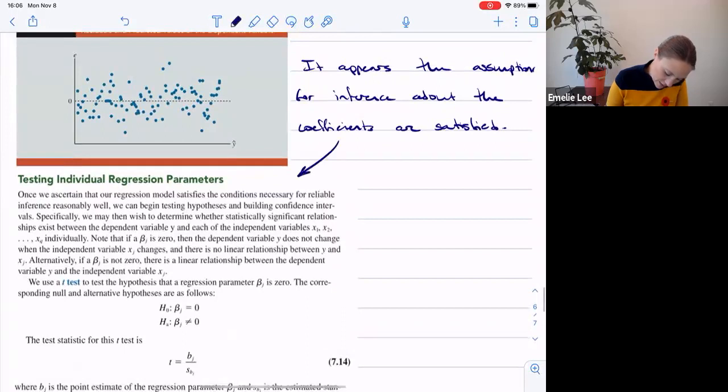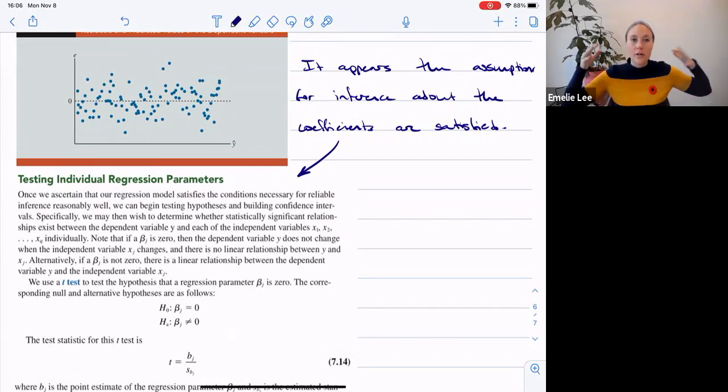So now that you've checked the assumptions, right? Are my residuals normally distributed around 0? You could even make a histogram of the residuals and look at it that way. Do you have a normal distribution around 0? So once you're satisfied with that, then we can go ahead and test the regression parameters.